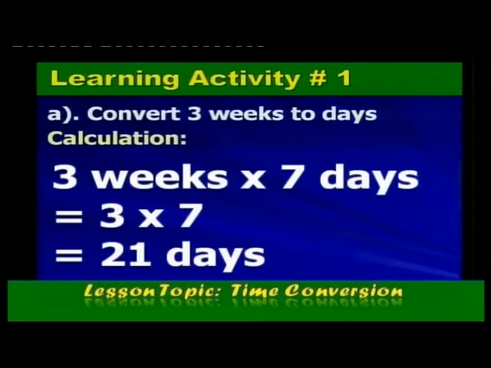So class and receiving students, are we clear now on what to do when we are trying to convert different units of time? You either divide or multiply, making sure that you know whether you are converting a big unit to a smaller unit. You should know now what operations to use.